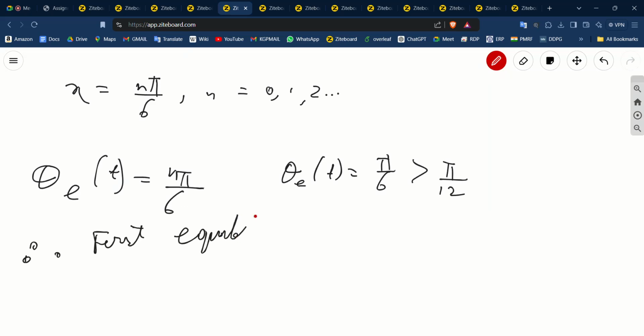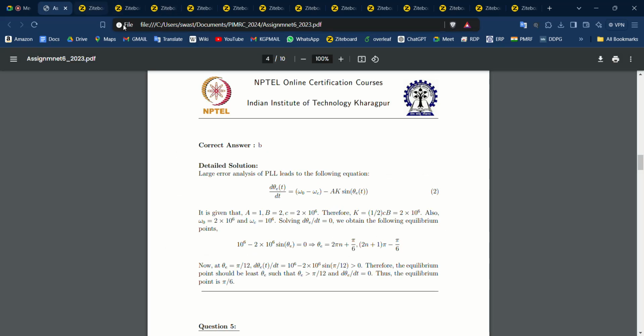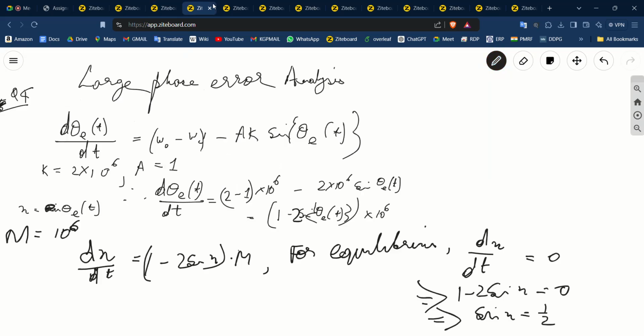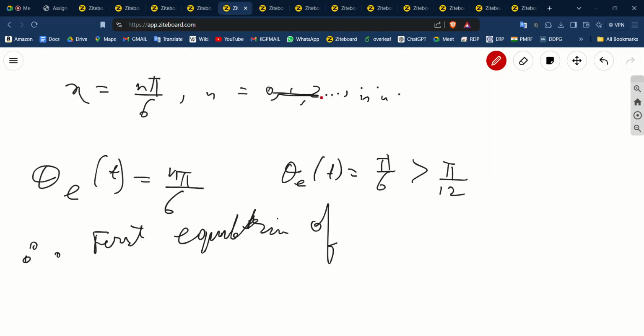But here, first equilibrium is here. Sorry, no, I'm sorry. n is not 0, 1, 2, 3, 4.